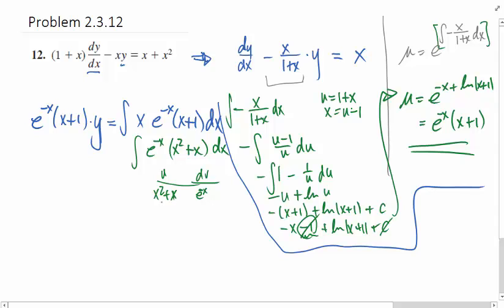This is x squared plus x. The derivative is 2x plus 1, and then the derivative is 2, and then eventually 0. Here we're going to continue to take antiderivatives, e to the negative x with a negative 1, and then take the antiderivative again, e to the negative x, and etc.